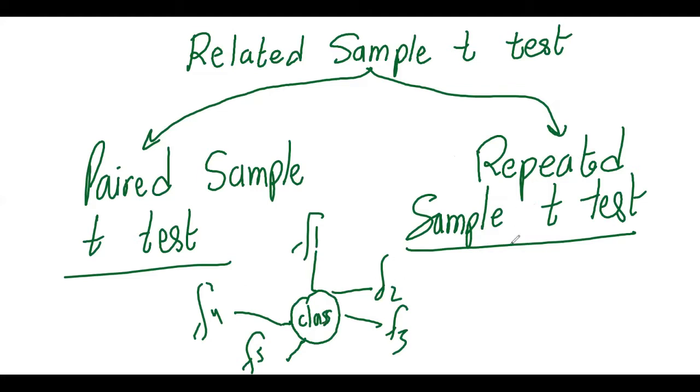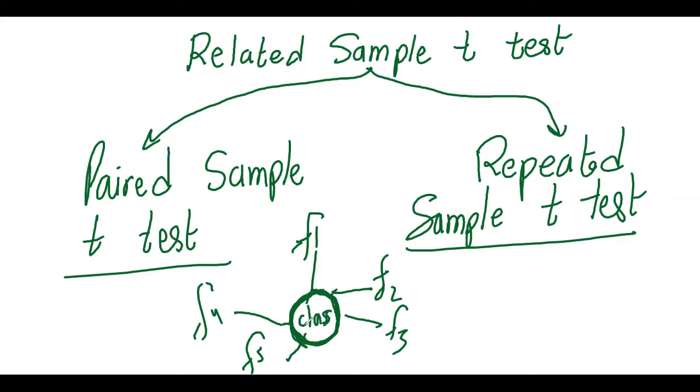Why? Because the sample is same. You are taking 5 different responses. The feedback of faculty 1 is one response, the feedback of faculty 2 is the second response, feedback of faculty 3 is the third response. We assume that the students in the class will be the same, and the same students are giving the 5 feedbacks.